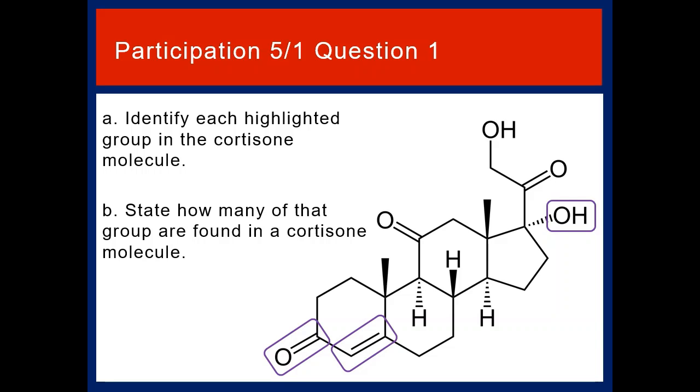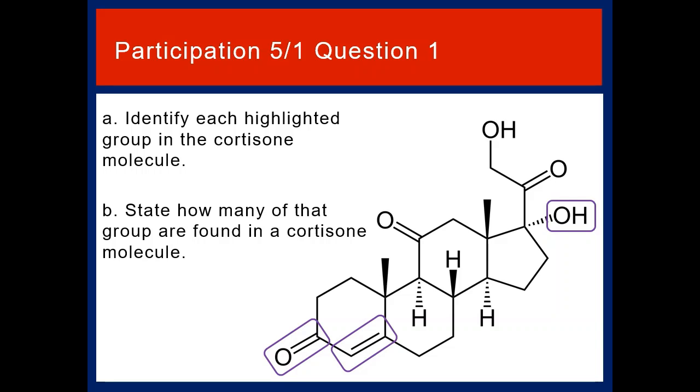Participation 5.1, question 1. A, identify each highlighted group in the cortisone molecule, and B, state how many of that group are found in one cortisone molecule. So we have the purple rectangles around 3 different functional groups. I want to know the name of each of those groups, and then how many of each of those groups are in the molecule. This is the first question on participation 5.1, due Friday, May 1st at 11:59 p.m. over on Blackboard.